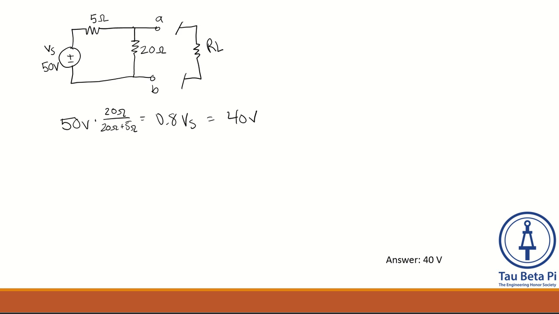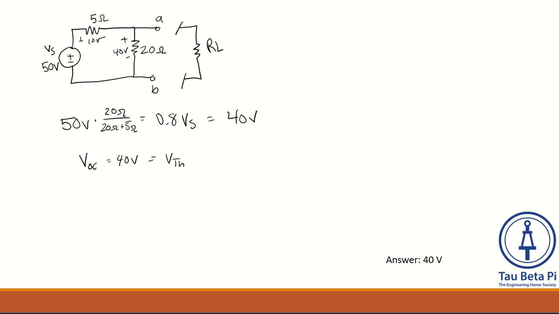So this means that across AB we have 40 volts being dropped. Also meaning that across the 5 ohm resistor there's a 10 volt drop. So the sum of those from KVL we know is 50 volts. This tells us that the voltage of the open circuit from A to B is equal to 40 volts. This is going to be our V Thevenin.